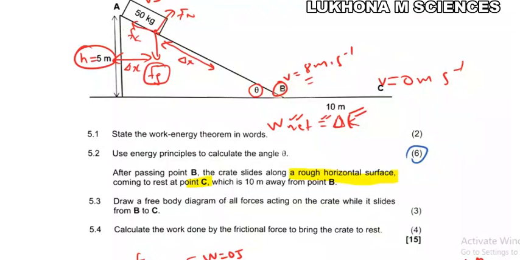Let's continue with the question statement, which is 10 meters away from B. This becomes the initial velocity. This one is the final velocity. Calculate the work done by the frictional force to bring the crate to rest. Now let's work on that.